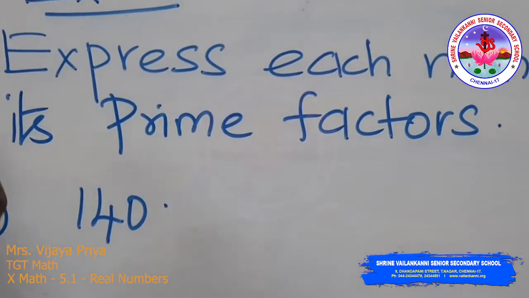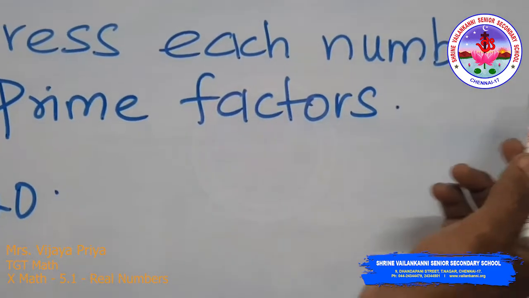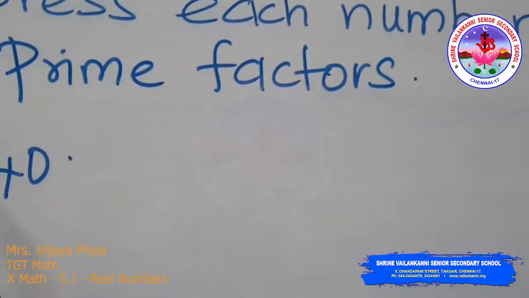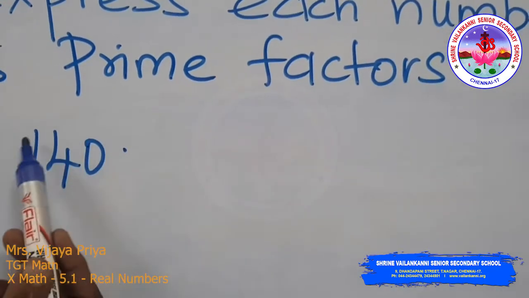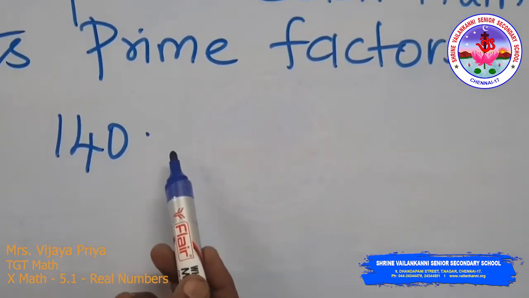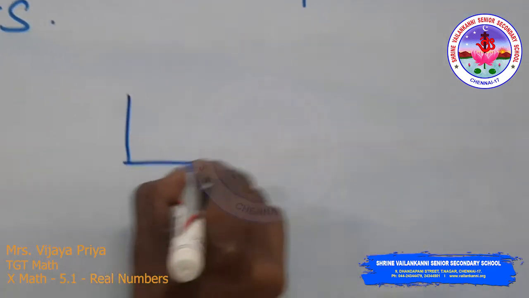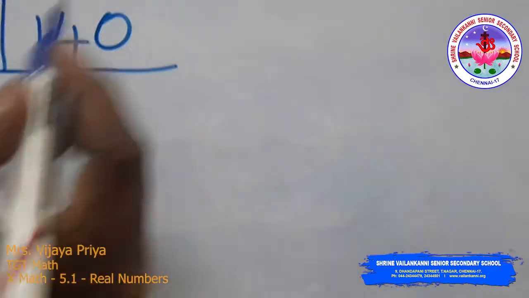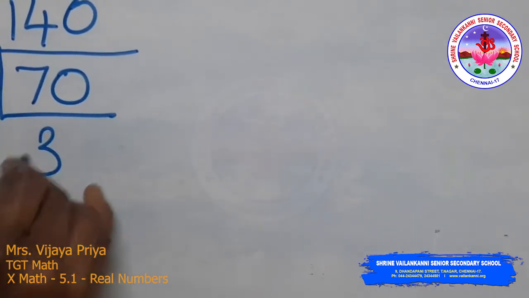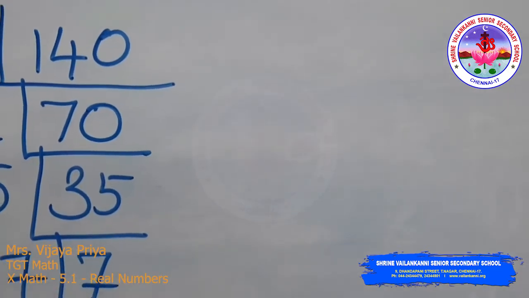Now coming to exercise 1.2, the first problem: express each number as a product of its prime factors. The first problem he has given is 140. I want to express this as a product of its prime factors by using the earlier method, the prime factorization method. So 140, 2 times 70, 2 times 35, 5 times 7, and 7 times 1.